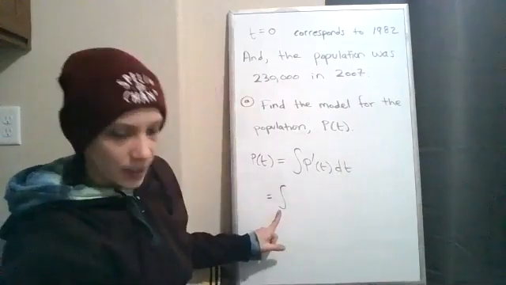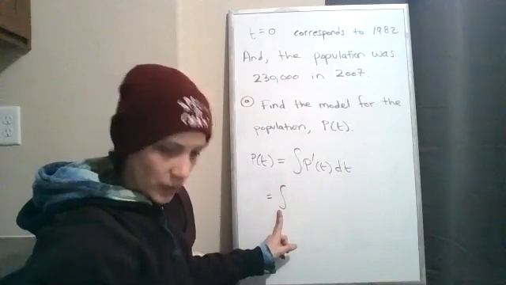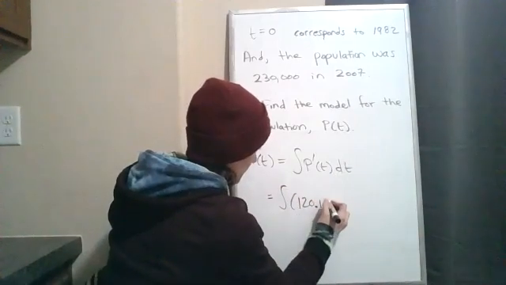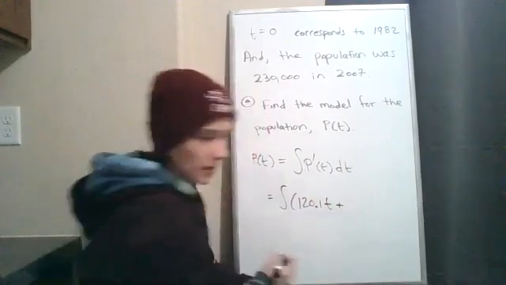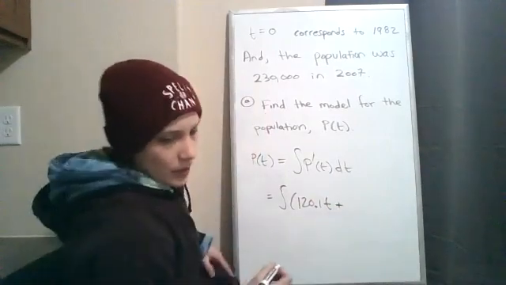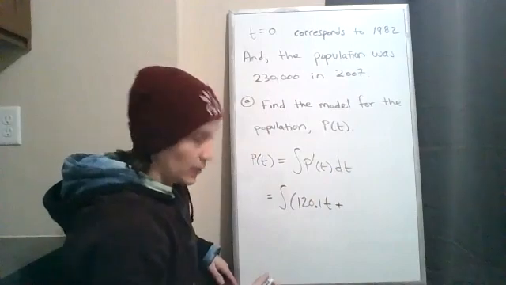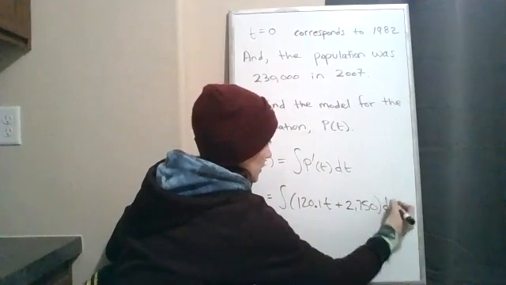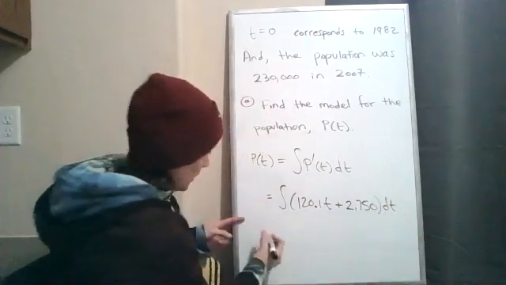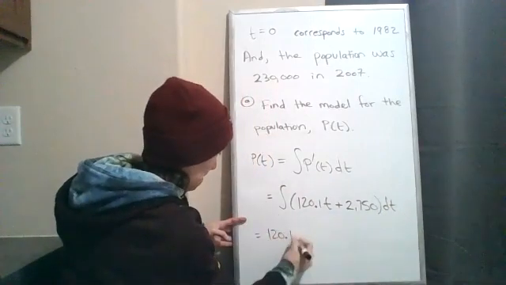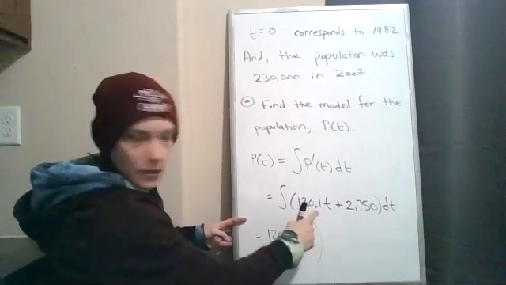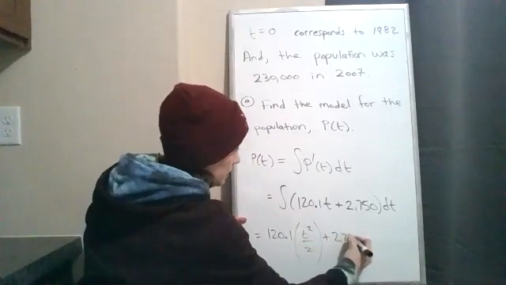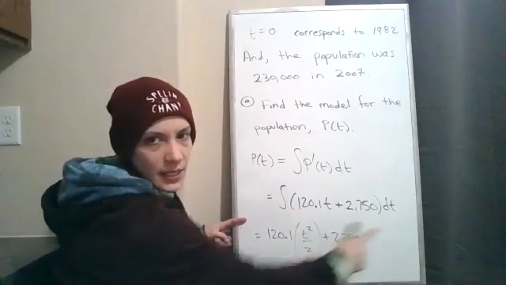Okay, integral of that function, which was 120.1 t plus 2,750. That gives t squared over 2, this times t, and then plus c.